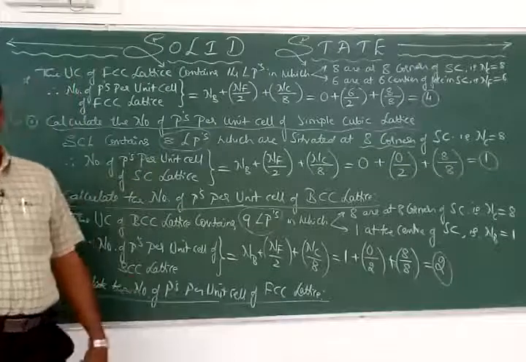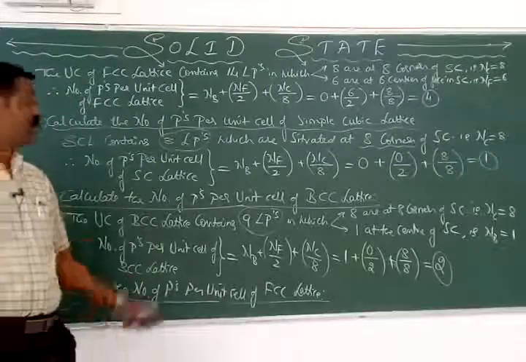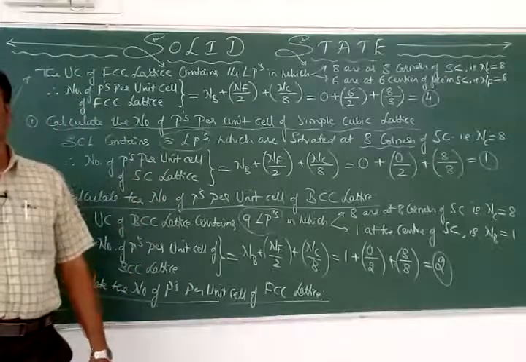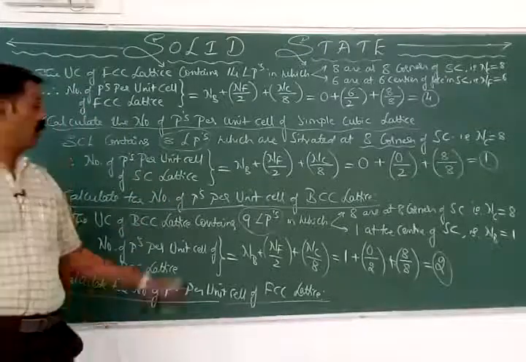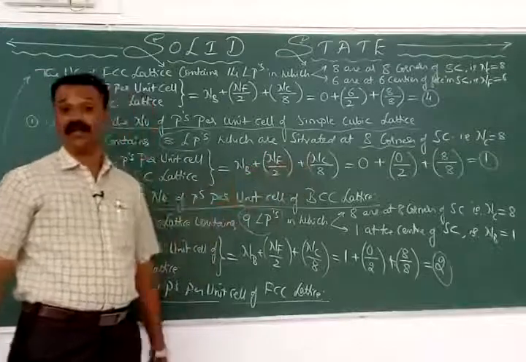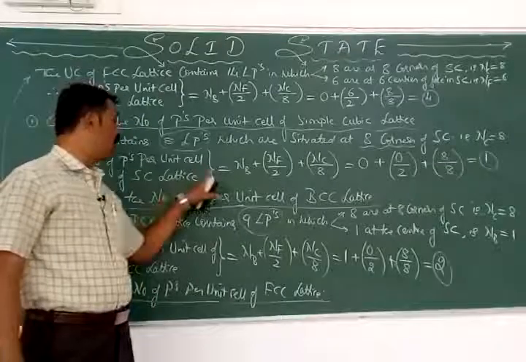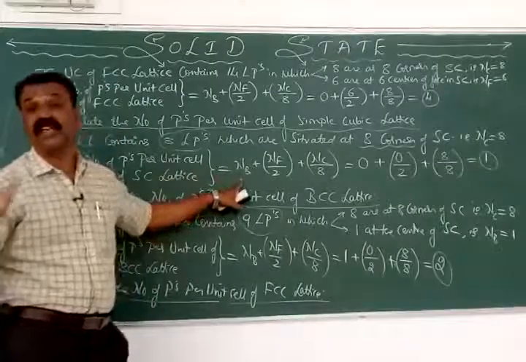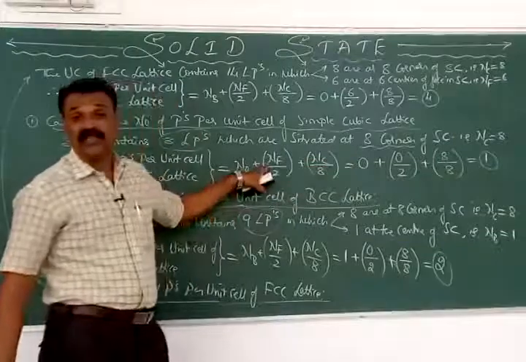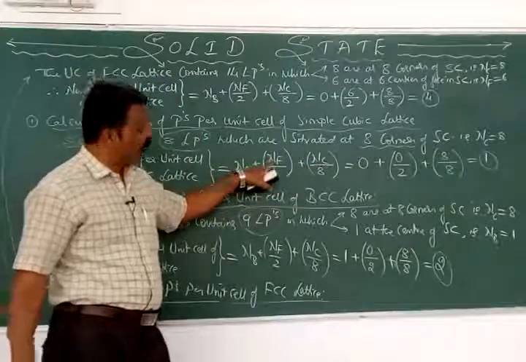What is the formula here? The number of particles present per unit cell of the SC lattice, the simple cubic lattice, is NB plus NF by 2 plus NC by 8. As it is a simple cubic lattice, there are no body centered particles, so NB is equal to 0. There are also no face centered particles, therefore NF is also equal to 0.